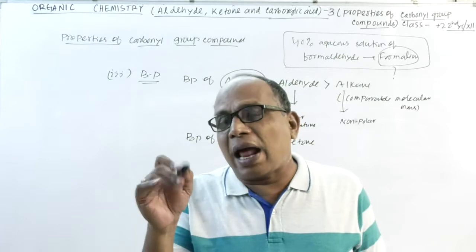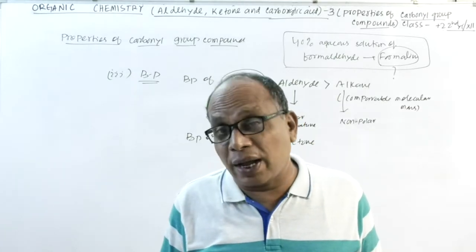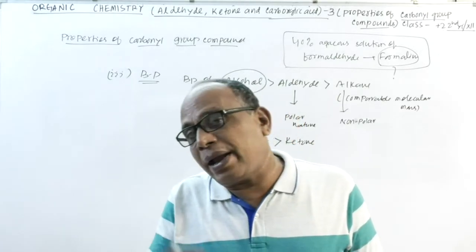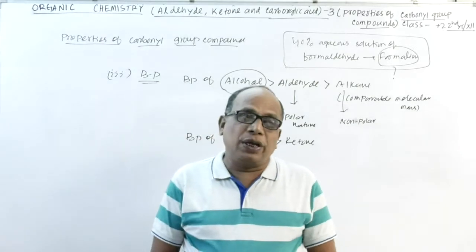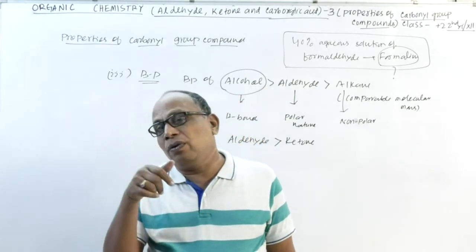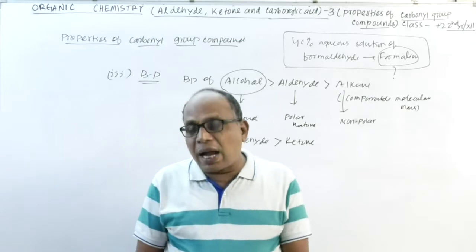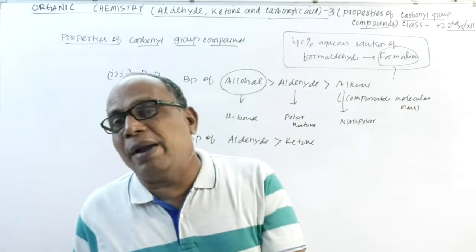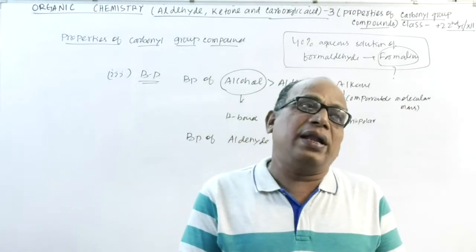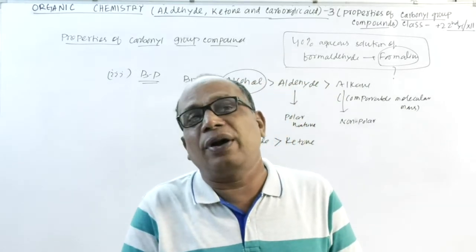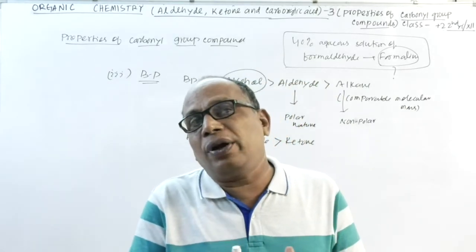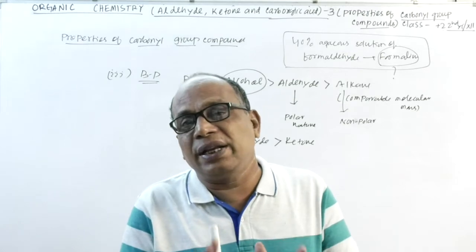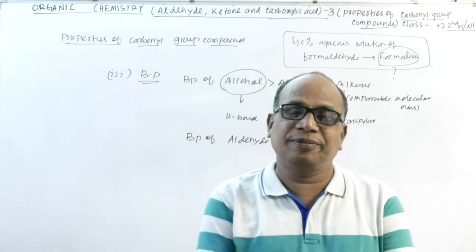That means the carbon-oxygen bond is not so polar. That's why ether possesses a lower boiling point. What about the melting point? The aldehyde possesses a higher melting point than the ketone, and the melting point of aldehyde and ketone increases with increasing molecular mass.